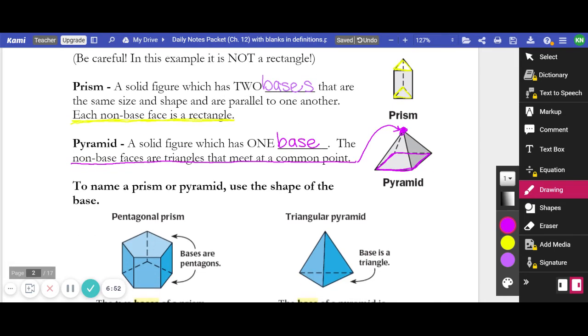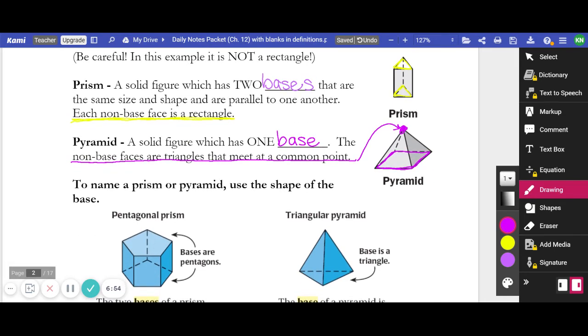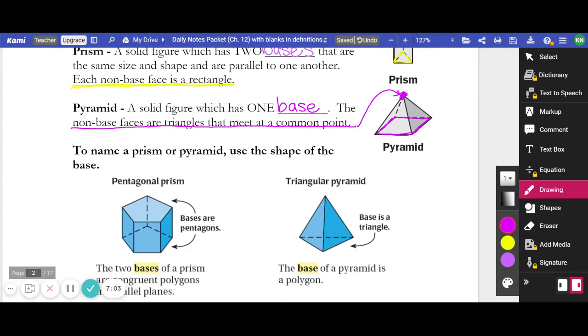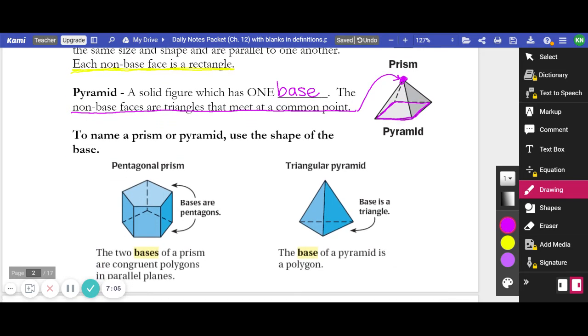Speaking of the shape of the base, you name a prism or a pyramid by using the name of the base. So, in this picture on the left, the bases are pentagons, five-sided shapes that are congruent and equal distance apart. They are parallel. And so you would name it a pentagonal prism.